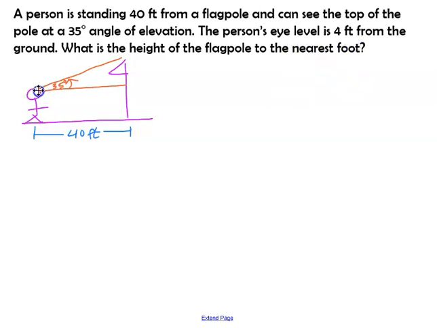So this point to this point, this is 4 feet vertically. And then it asks for the height of the entire flagpole to the nearest foot. So we're looking for the height of the entire flagpole, we'll call that X, to the nearest foot.